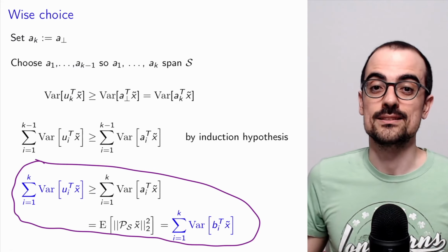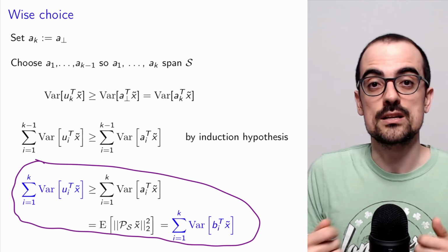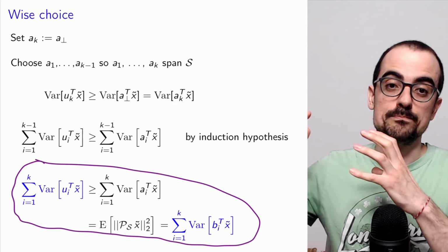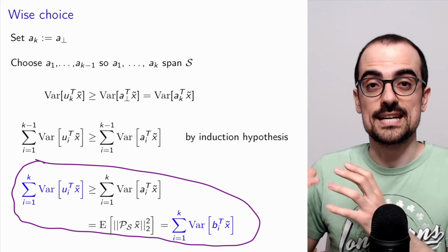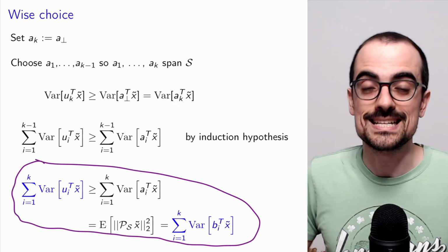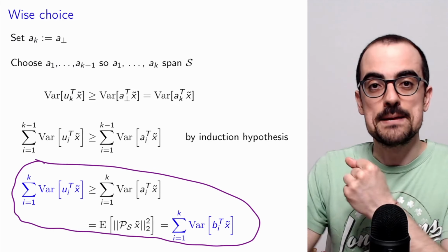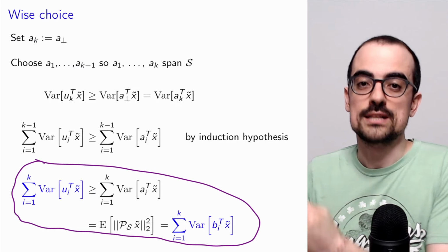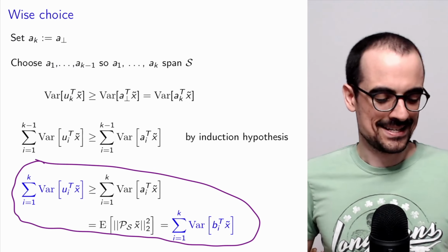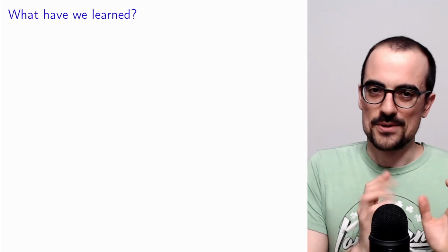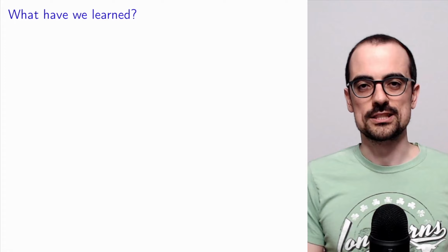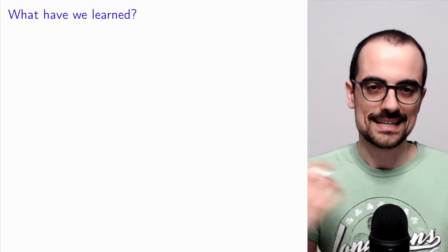So we have completed the proof. The principal directions are the ones that capture the most variance in the sense that they maximize this sum of variances, and hence they minimize the mean of the squared approximation error. And that's it. We have proved that principal component analysis is optimal for dimensionality reduction in that sense.